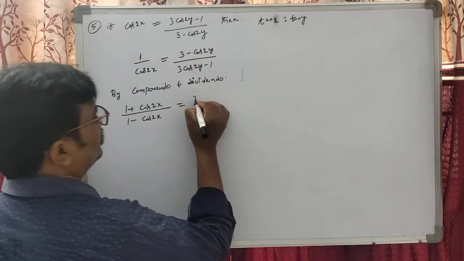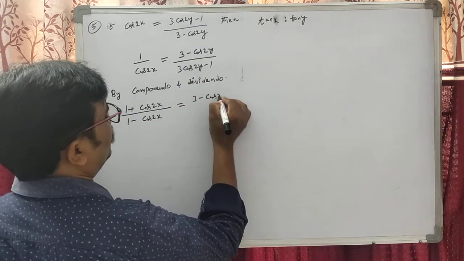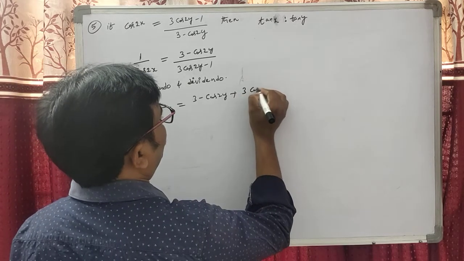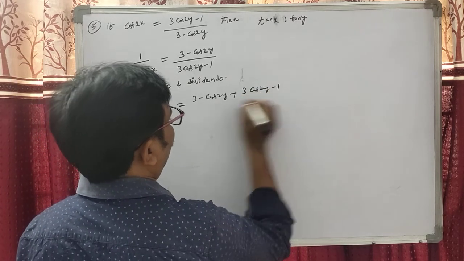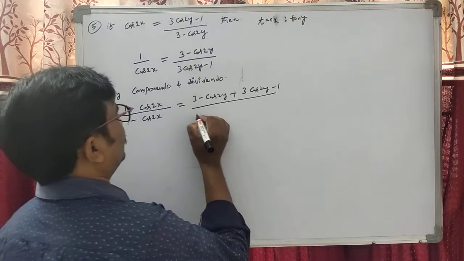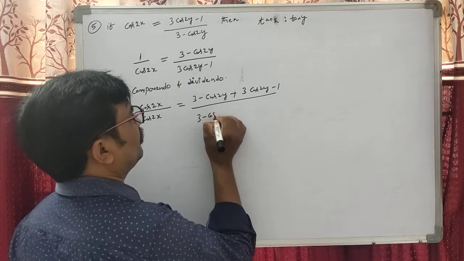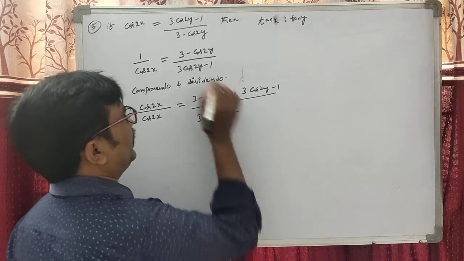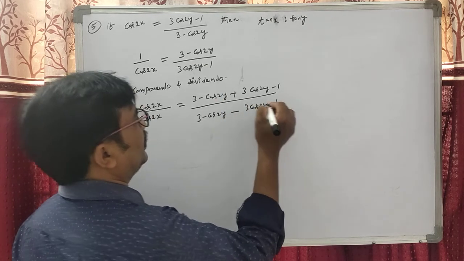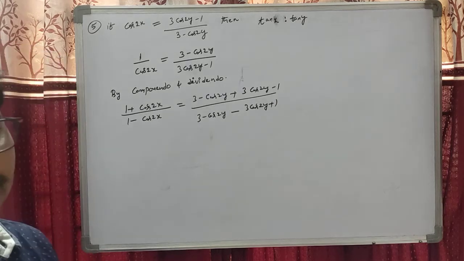So dear students, this is 3 minus cos of 2y plus 3 cos of 2y minus 1 upon, students, first you can write the numerator 3 minus cos of 2y minus 3 cos 2y minus, minus times minus is plus.